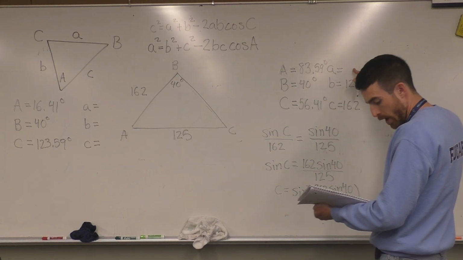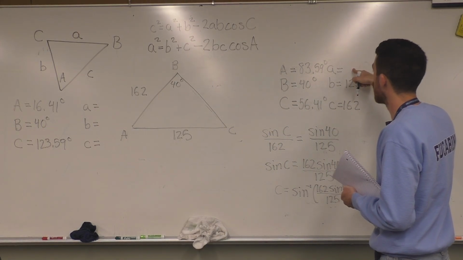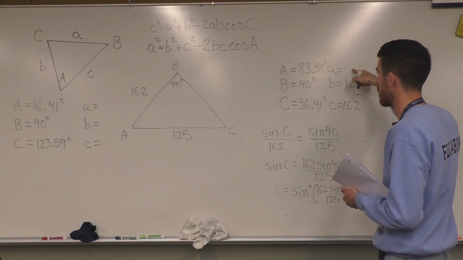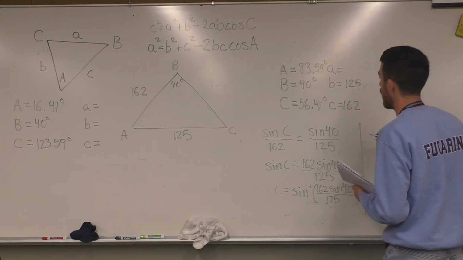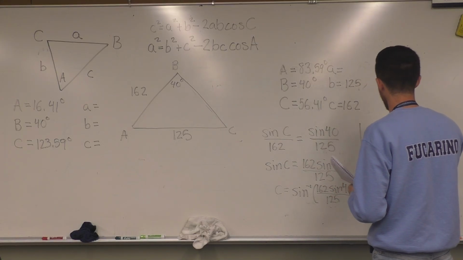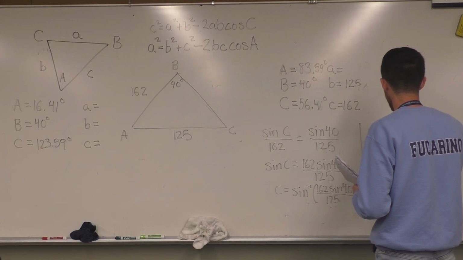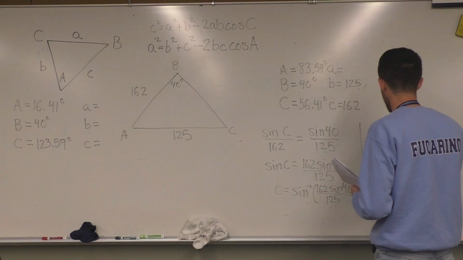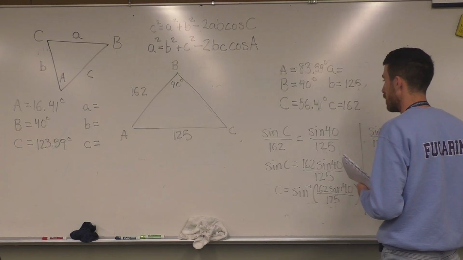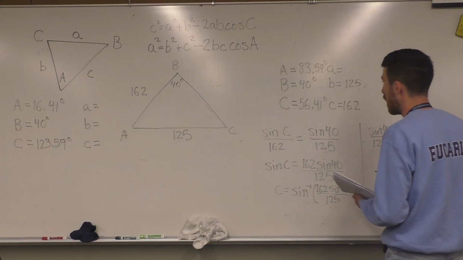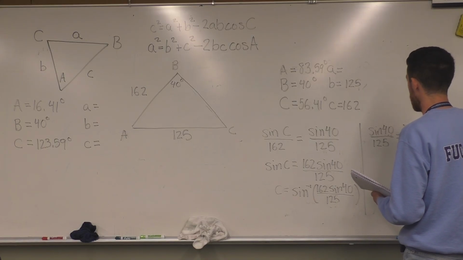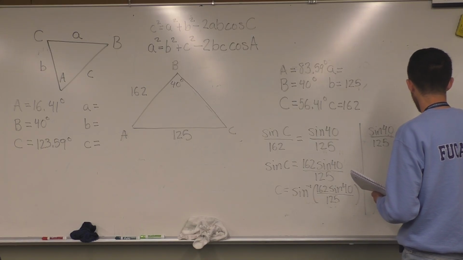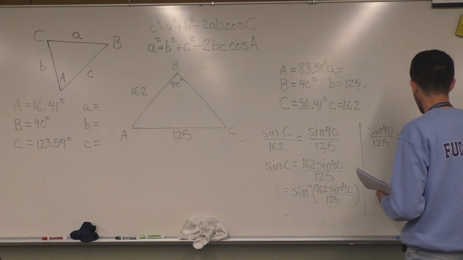And how can we solve for A? Well, I use law of sines because I do think sometimes that's a little bit quicker. So I could set that up, still using the sine of 40 over 125 is equal to sine of A over A, but we know A already.